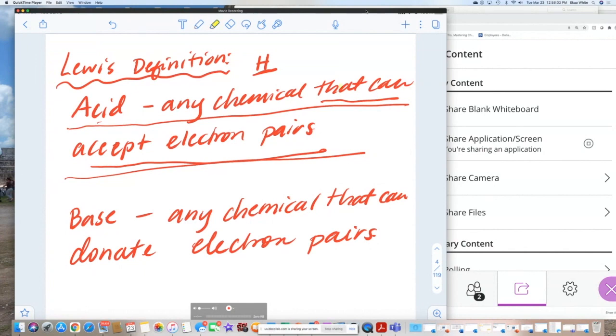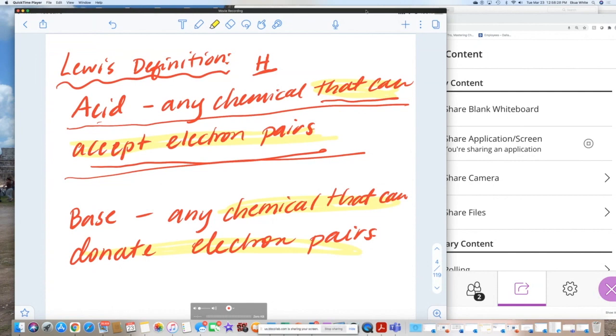Is there proof that that chemical can accept electron pairs? If the proof is there, then the chemical you're looking at is a Lewis acid. If there is proof that the chemical can donate electron pairs, you see the proof there on the chemical structure, then that chemical is a base.